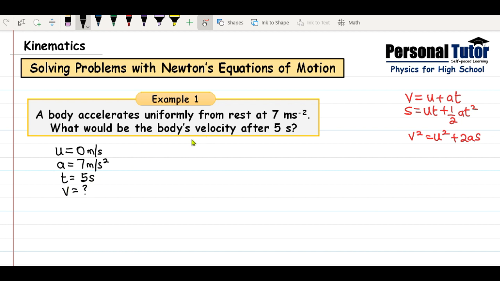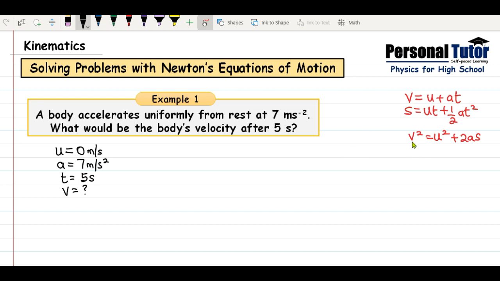And the clue is already there: there was an initial velocity of 0. And so if there is any velocity to be calculated, then it's the final velocity we're talking about here. Now, which equation suits what we are looking for? We are finding v. If you look at equation 1, there is a v.